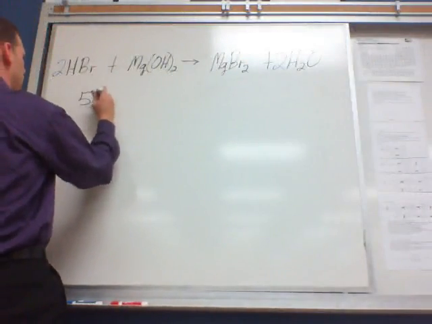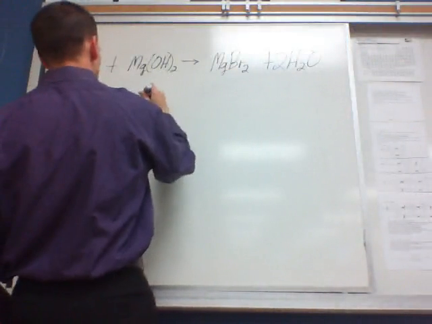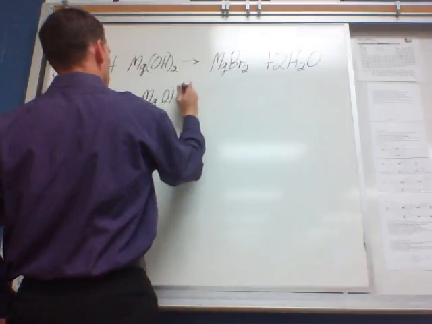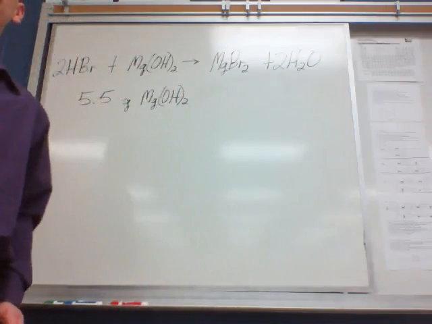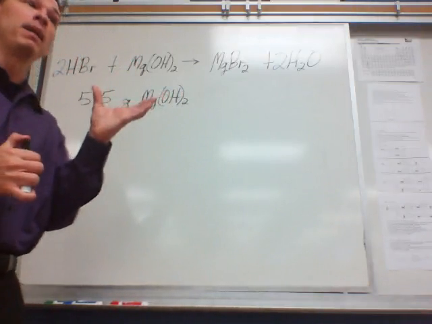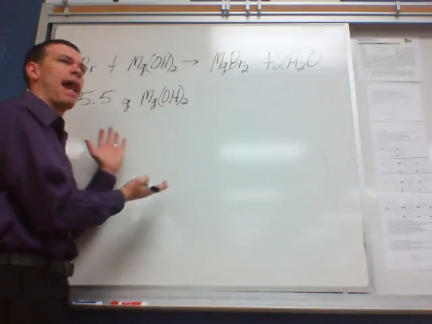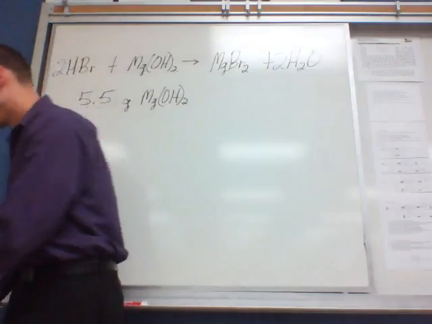I'm going to write down the entire expression actually. It says 5.5 grams of magnesium hydroxide. You should be writing this down in your spiral. You write everything that I write. All I've done so far is I picked out the number it gave me and the stuff that came right after it. And now I know my given info.